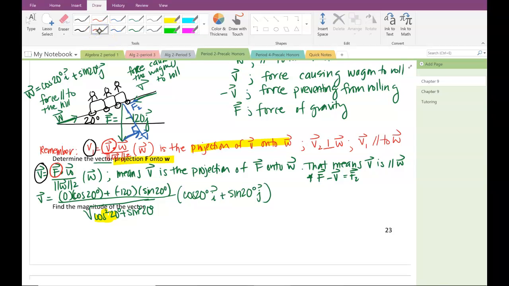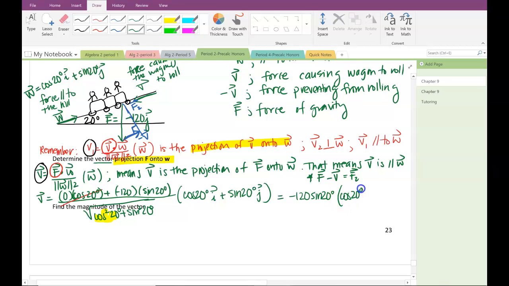Whoa, it is always 1. So look, the denominator just kind of disappears. And then 0 times anything is 0. So guys, we're really just back down to negative 120 times sine of 20 degrees. So we're just left with this, and then the W vector.